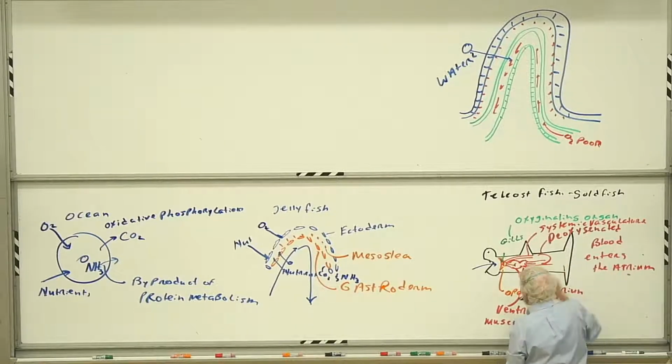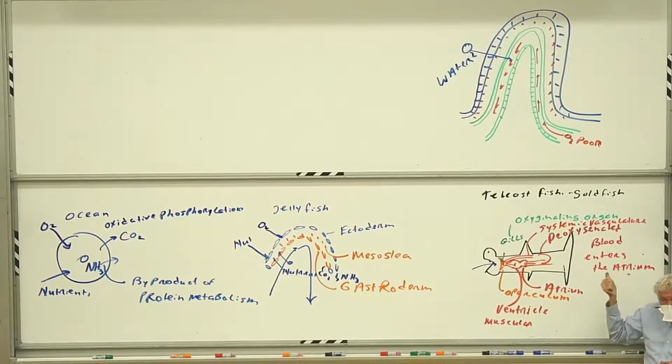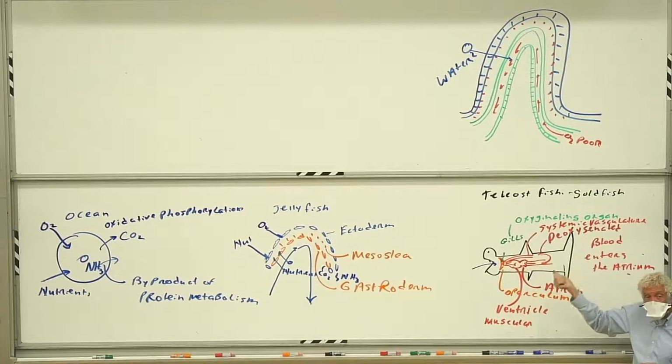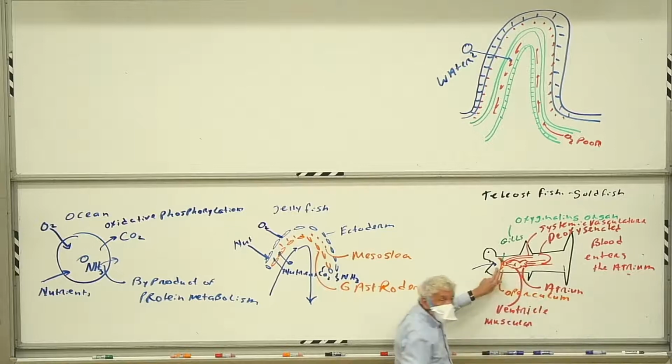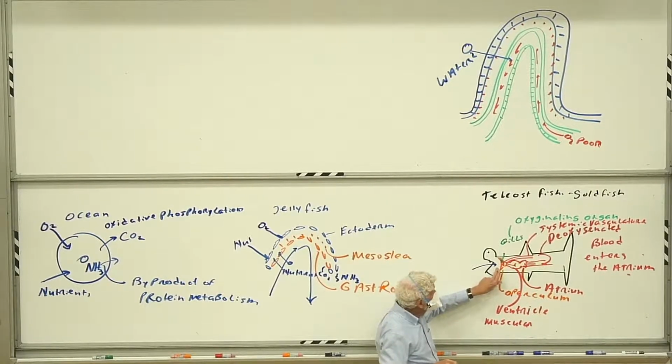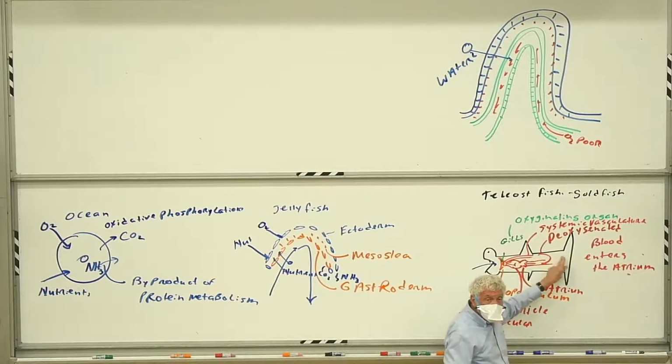And what I mean by the systemic vasculature is just all of those blood vessels that are now going to feed oxygen to all of the other tissues. It doesn't matter whether it's muscle or gut or brain. So there's one pump in the system to serve the whole thing. So this very same pump that's moving blood through the oxygenating organ and getting the blood to be oxygenated will now force the blood through the tubes to the remaining tissues. Fish do just fine, but it's not a very efficient system.